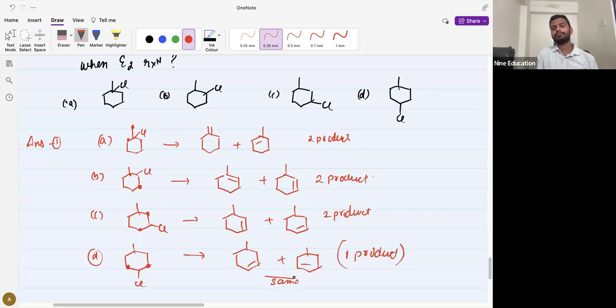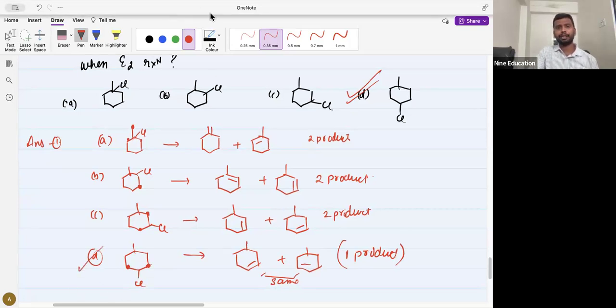These two are same. So the correct answer is the fourth option. Is it understood or not? Simple it is. Write yes or no in the chat. Okay.